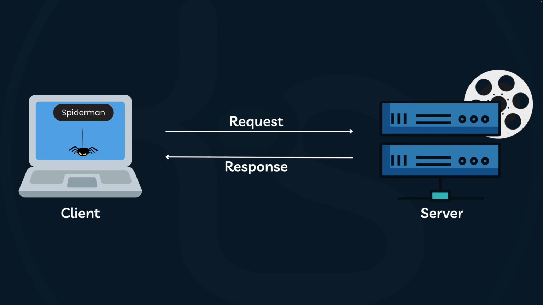A server, let's assume a movie server, which can provide the details about any movie that you are searching for. On the client, you are seeing a laptop. It could be a mobile, a particular browser, where you have an application with a search bar. There you are typing a movie name, for example, Spider-Man, and you are requesting the details of that particular movie from the movie server. Now, this particular request can happen using an API.